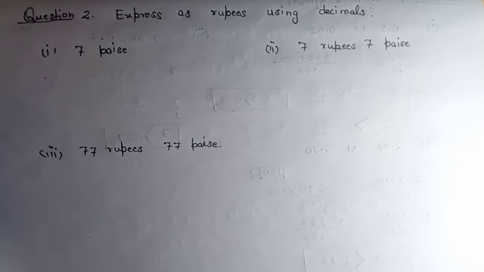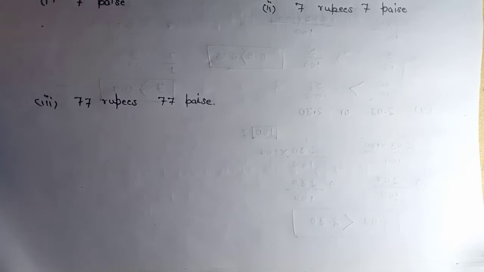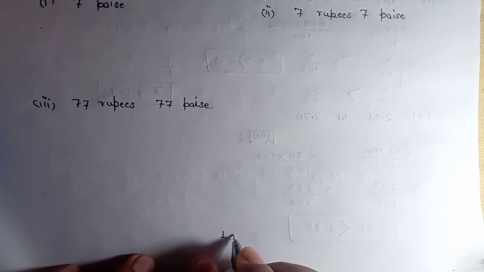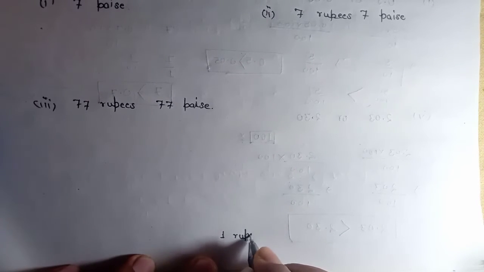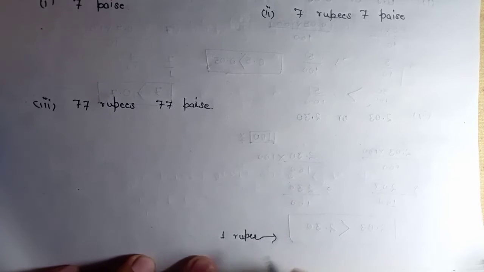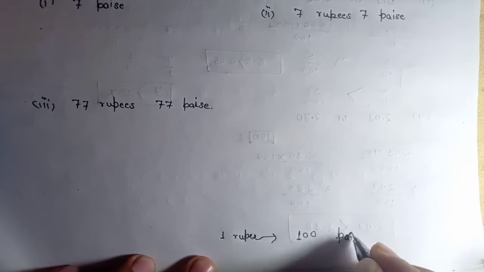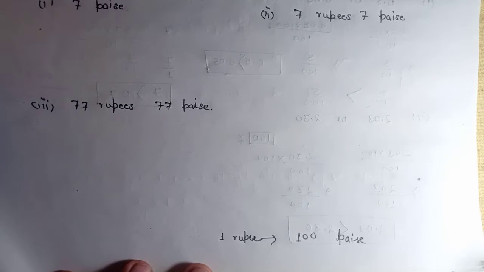In question number 2, we had to express as rupees using decimals. You know what? In 1 rupee, there are 100 paise. It means one paisa is 1/100th of the rupee.